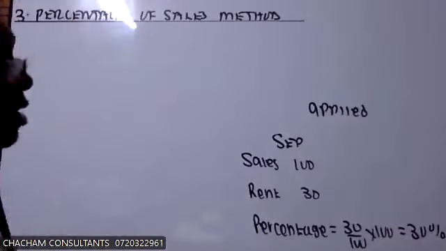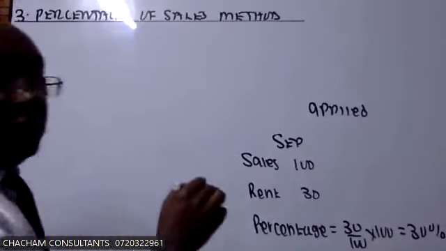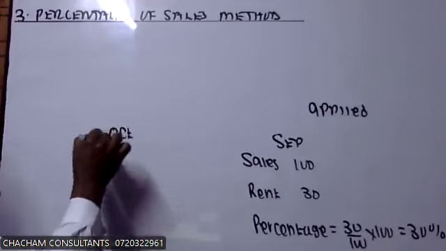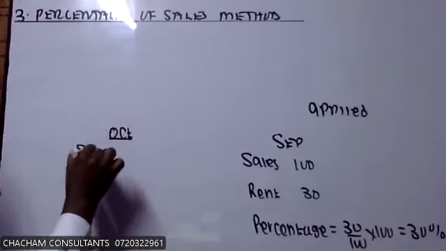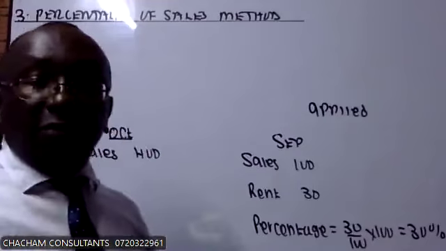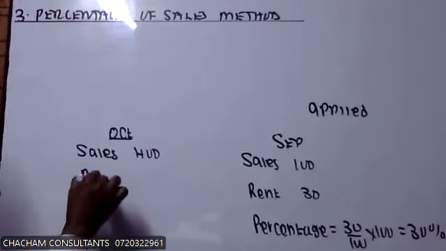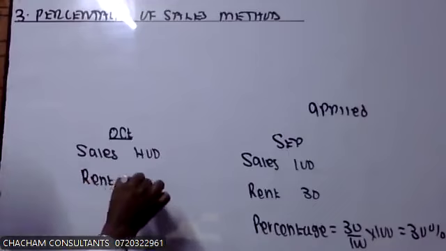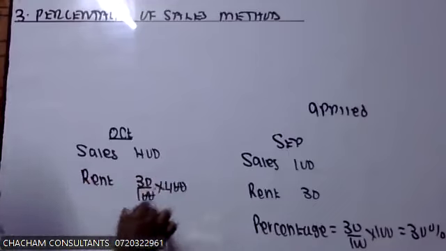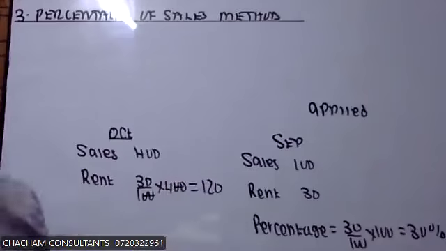So if you are told to predict for the month of October, where sales are expected to be 400, and you are told to predict rent, it will simply be 30% of the 400. So this cancels there, and you tell us that rent will be 120.